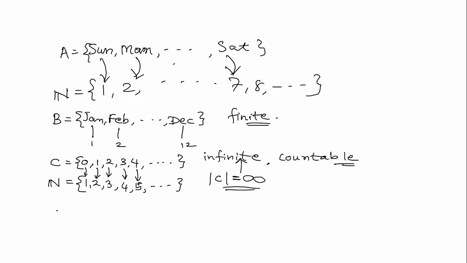Now I want to tell you another example. See, every continuous set will be uncountable and every discrete set will be countable. Please repeat. Every continuous set will be uncountable and every discrete set will be countable. Yes.